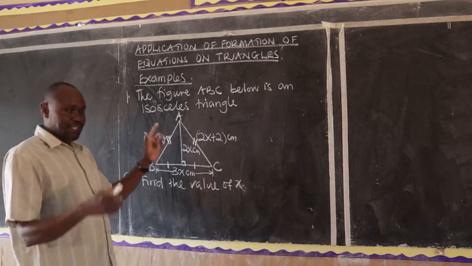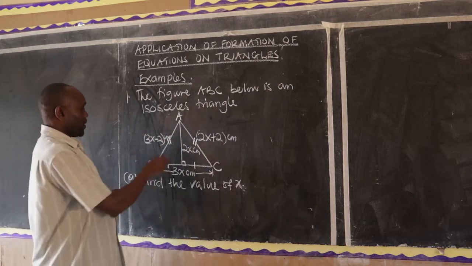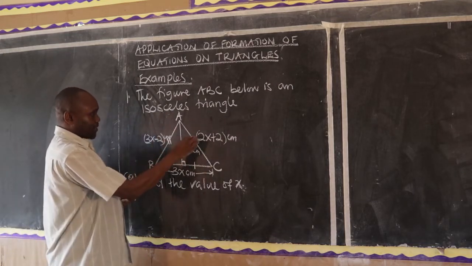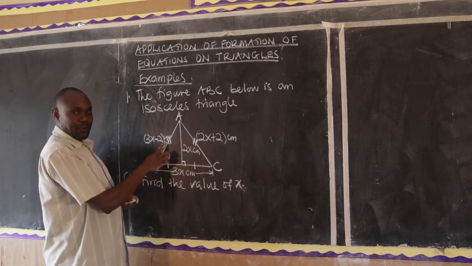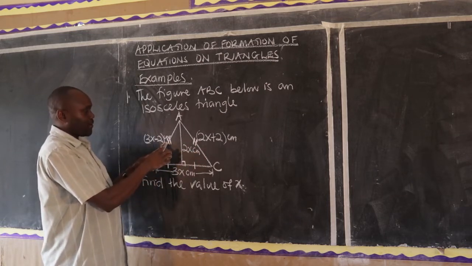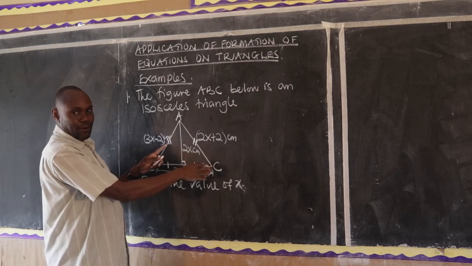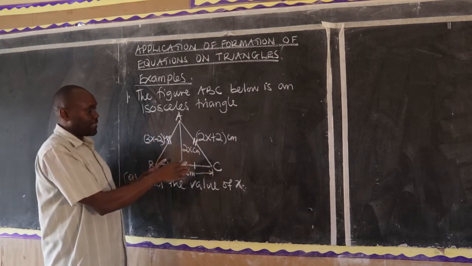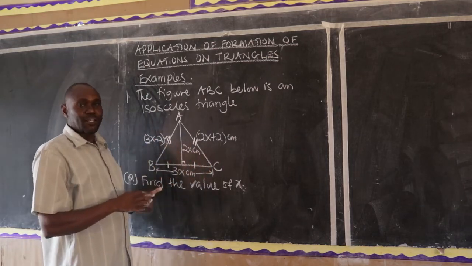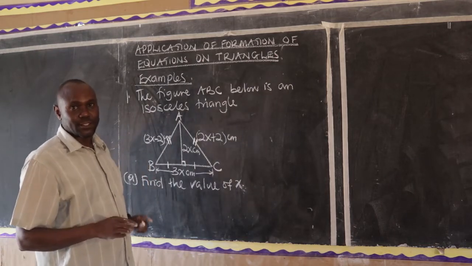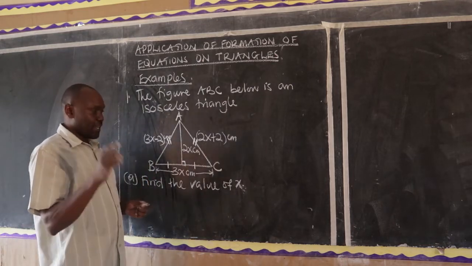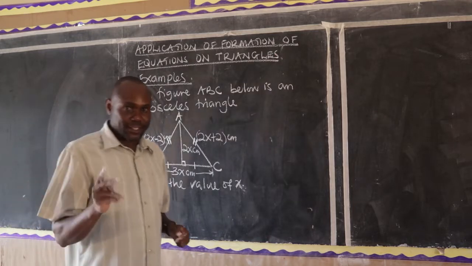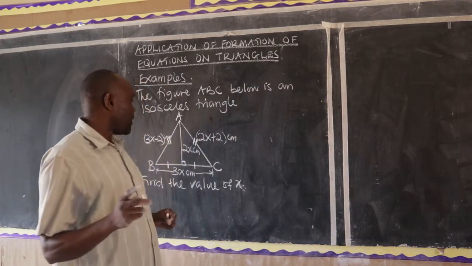So when you look at this triangle here, we have these two sides, this side and this one, are equal. Therefore, if the two sides are equal, it gives us the type of triangle we call an isosceles triangle. An isosceles triangle has two sides equal.